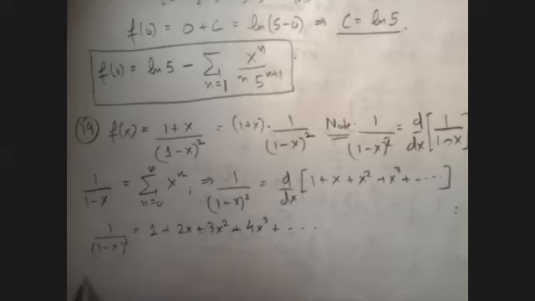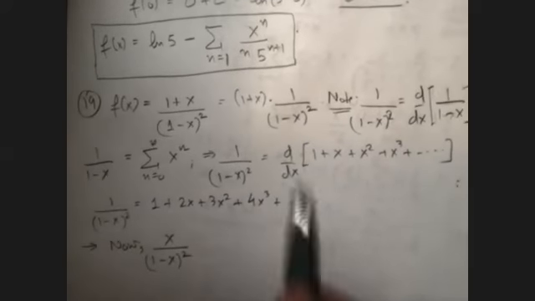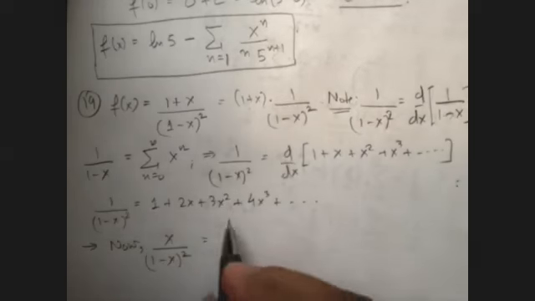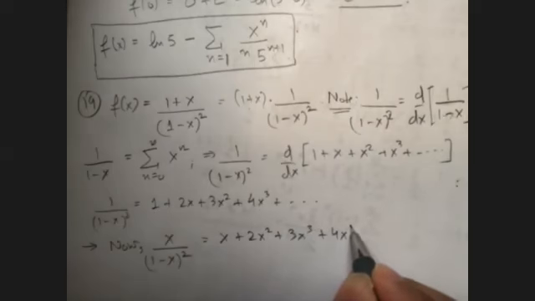Now, x times 1 over 1 minus x squared becomes, because we're interested in 1 plus x, so let's first write what is x times this. It's x plus 2x squared plus 3x cube plus 4x to the 4.